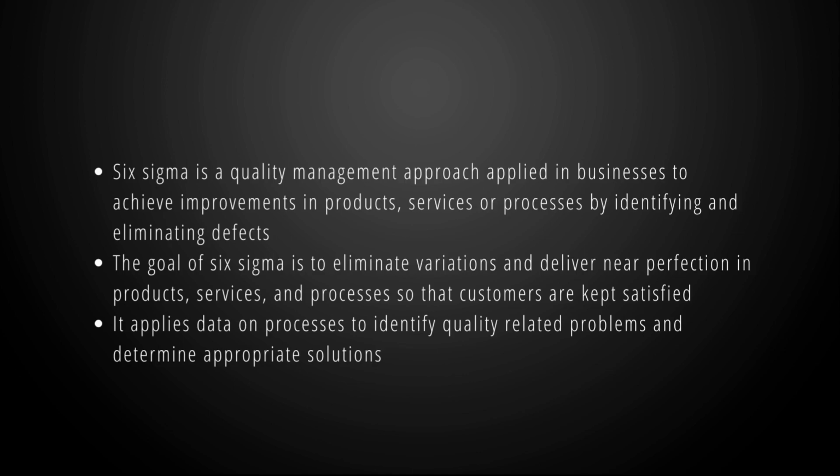The goal of Six Sigma is to eliminate variations and deliver near perfection in products, services, and processes so that customers are kept satisfied. Six Sigma applies data on processes to identify quality-related problems and determine appropriate solutions to the problems.